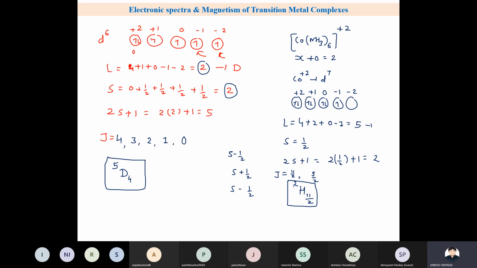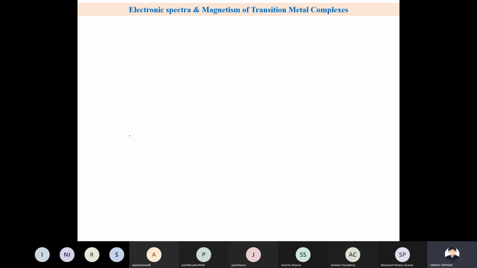So this is the way you can write down the ground state term for different complexes, or a weak field complex, you can have a different term in the same way. Suppose your complex is vanadium H2O 6 times, plus 3. Here the oxidation state of vanadium is plus 3.